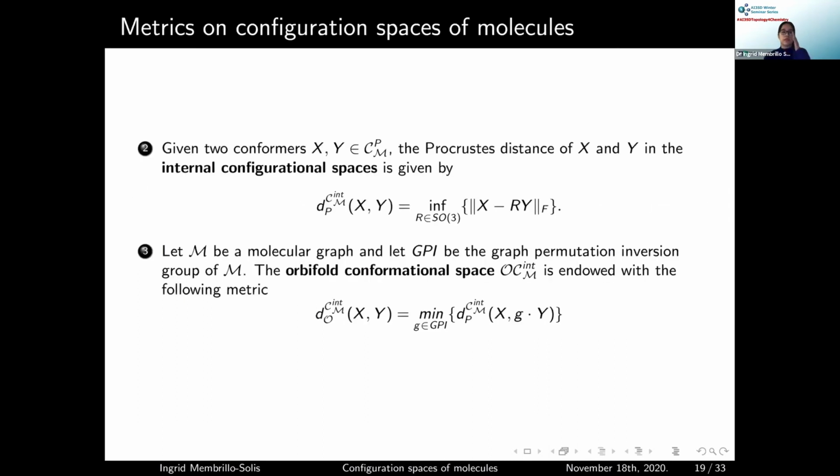All right, so far this is what we did to describe the theory and how this molecular graph notion gives rise to different ways to define conformational spaces depending on the symmetries that we are taking into account. We can define metrics, and now how can we study the topology of these conformational spaces?